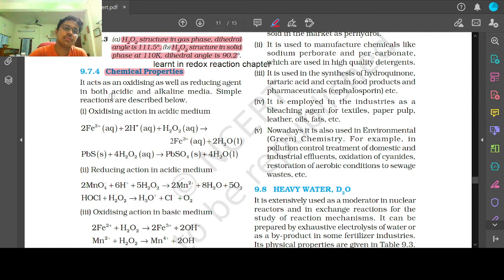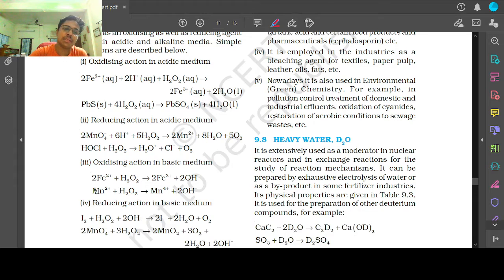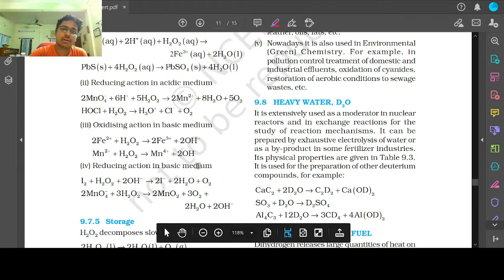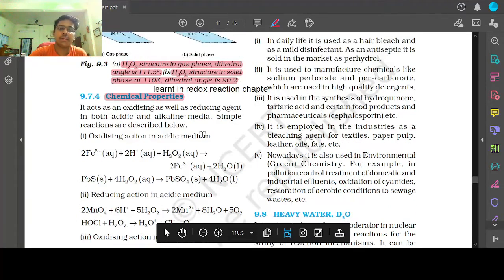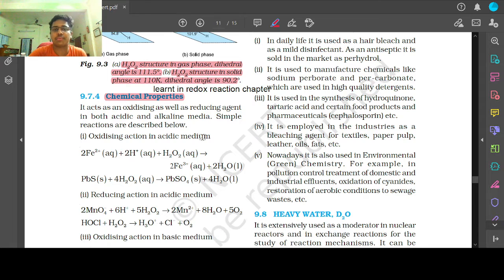I do not encourage you to read this from here, because it requires a lot of understanding, and mugging up from here will be a tiresome job. When we cover the redox reaction chapter or the D and F block chapters, you will get the material from there. In this chapter it is given in a very short and haphazard way, so do not learn this from here. We will cover a separate video for this. Let us move on.